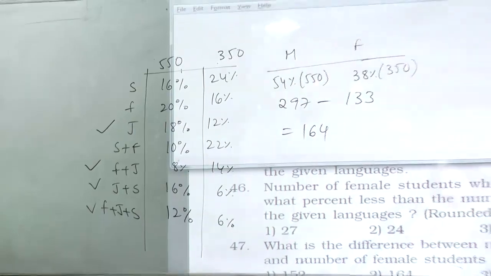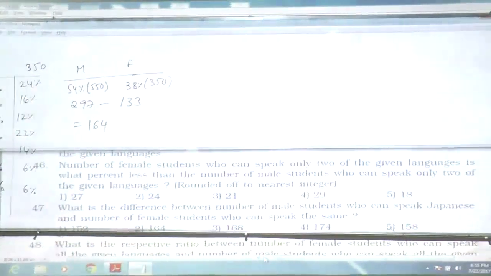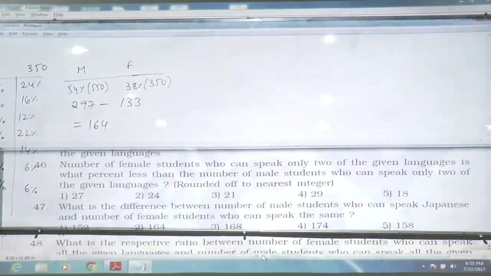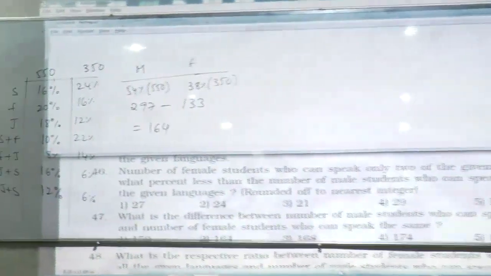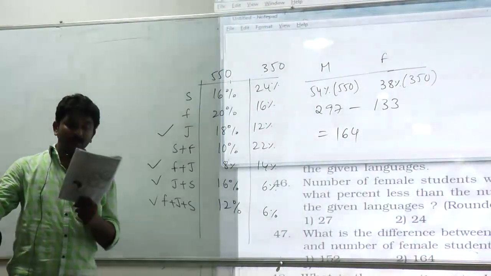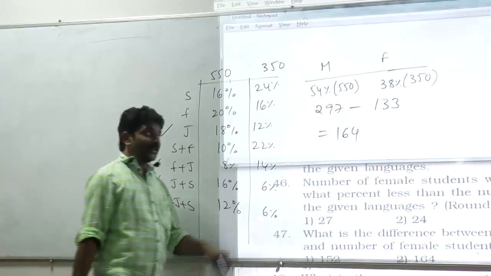Next 48. What is the respective ratio between total number of female students who can speak all the given languages and the number of male students who can speak all the given languages? You are just asked about ratio between people who can speak all the languages, male to female ratio. Male ratio 12%, female 6.